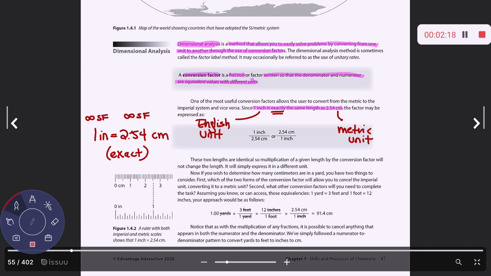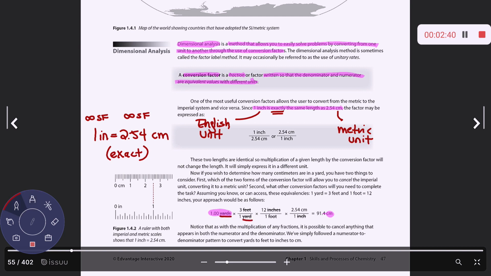Okay? Now, when we take a look at incorporating this into a conversion, so for instance, down here, we're looking at converting yards into centimeters. The units that go on the diagonal will be canceling out. Hence the reason they have yards written on the diagonal here.